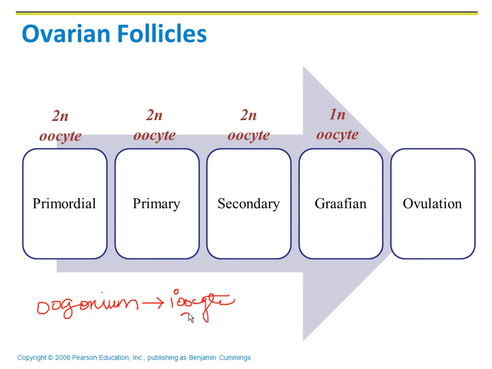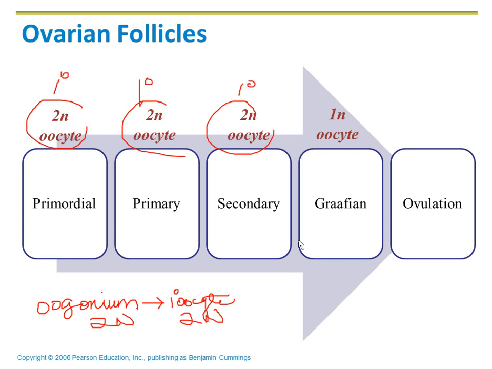And that primary oocyte is diploid, just like the oogonium was diploid. So that's what we see here. That diploid oocyte is a primary oocyte. That one with the little circle means primary. So we're born with primary oocytes that have not gone through meiosis yet, wrapped in one layer of cells. And that one layer of cells around that primary oocyte is called the primordial follicle. So we're born with primordial follicles.